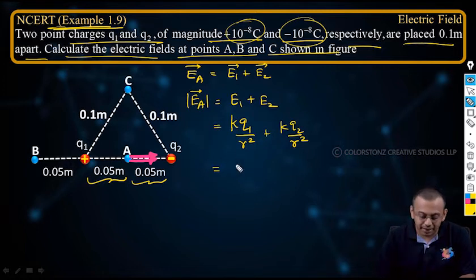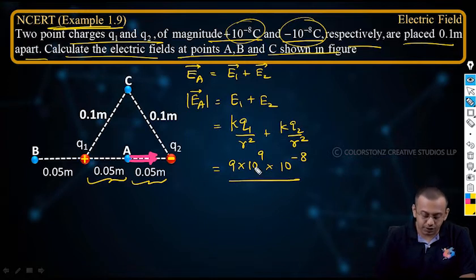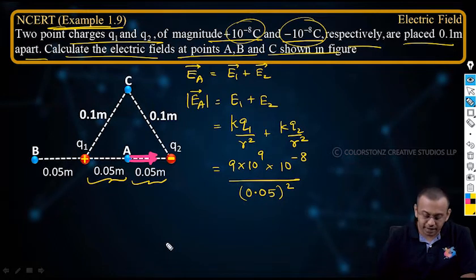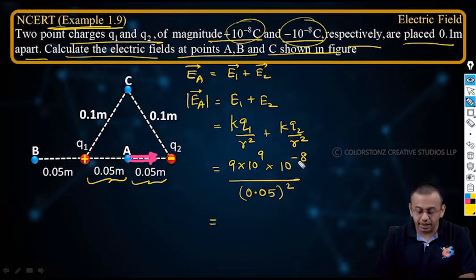So now let's put the values: 9 into 10 to the power 9 into the charge, which is 10 to the power minus 8, upon the distance, which is 0.05 meter whole square. So this is what we get. Now if I simplify 10 to the power 9 into 10 to the power minus 8, it will simply become 10. So this 10 to the power minus 8 will go away with the 9, only 10 will remain.